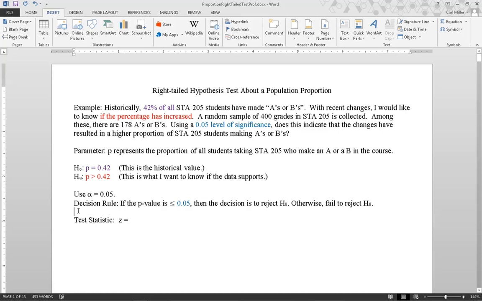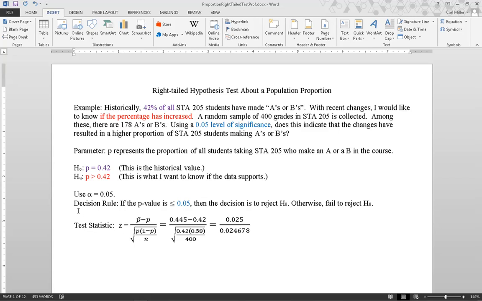The test statistic comes next. In this case, we begin with the formula. So you can see p hat minus p is the numerator. The denominator is the square root of p times 1 minus p divided by the sample size n. Substituting the values, we would get 0.445, that will be the sample proportion, minus 0.42, that's the value of the population proportion, the parameter, if the null hypothesis is true.